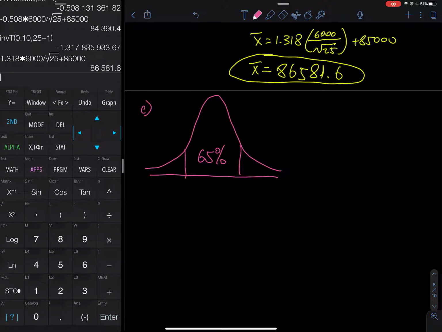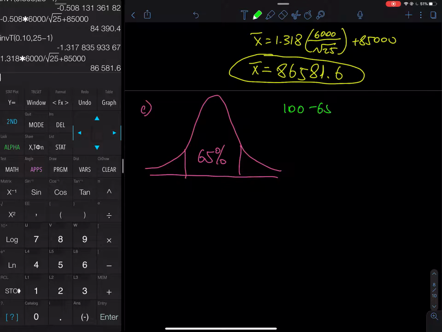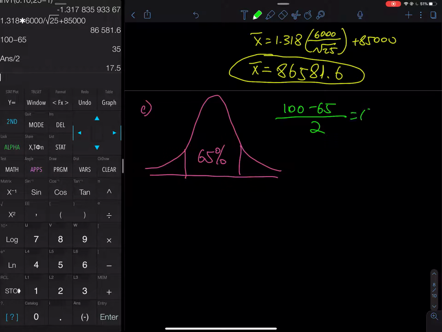How much do we have left on each side? We take 100% minus the 65 in the middle and then divide by 2. If you are lazy, just do this in your calculator, 100 minus 65 and then divided by 2. So you have 17.5%, one on each side.